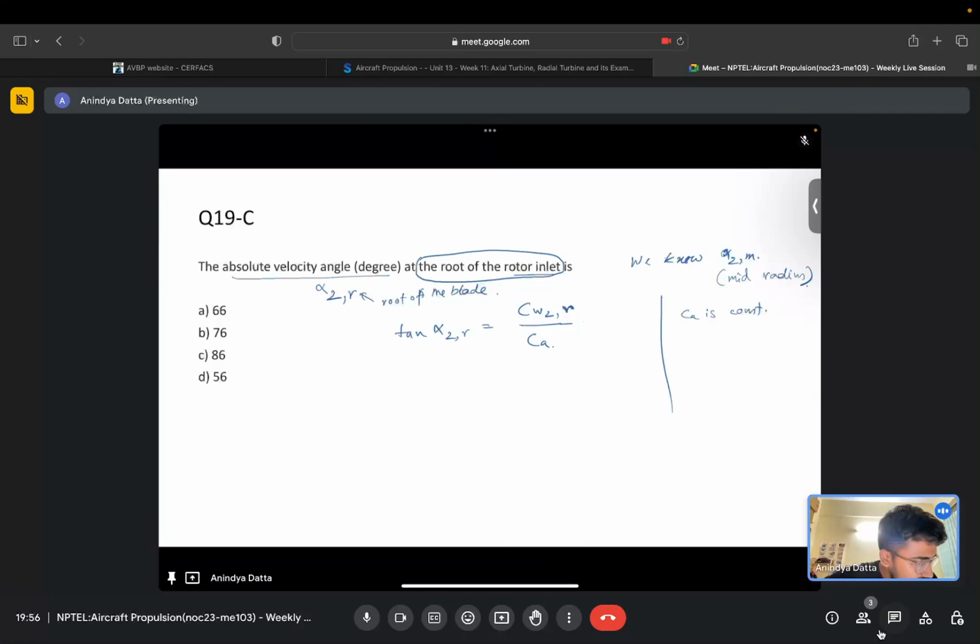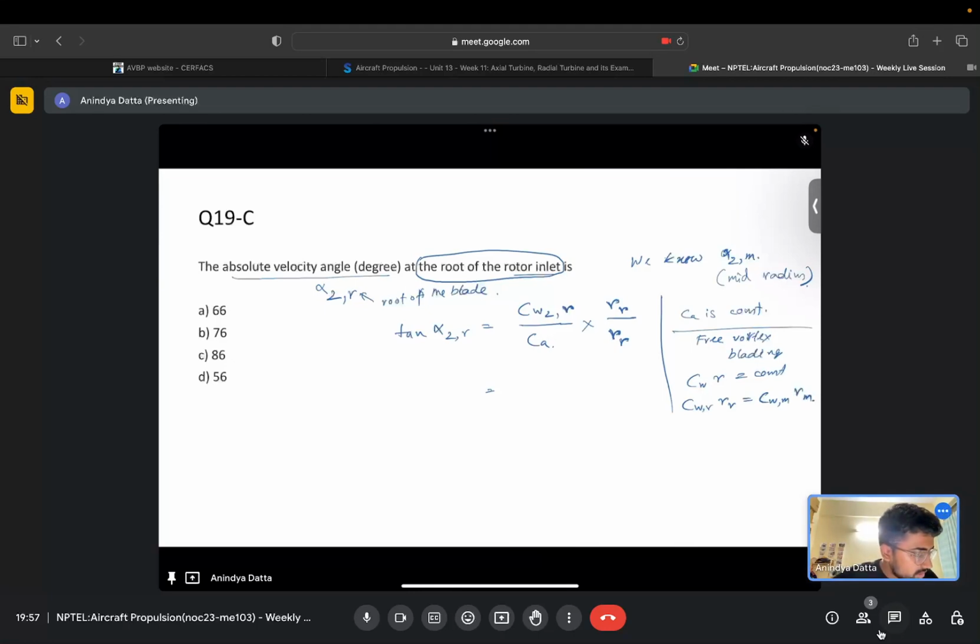Now let's multiply both of these by the radius at the root. From free vortex blading, we know that Cw into R is equal to constant, which means that Cw at the root into the radius of the root is equal to Cw at the mean radius into the mean radius.